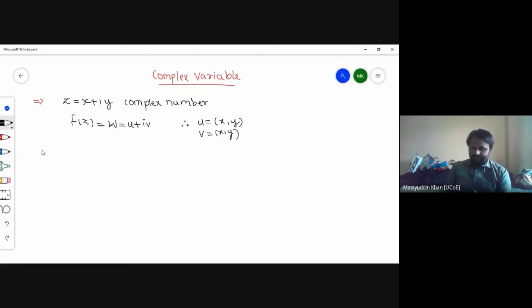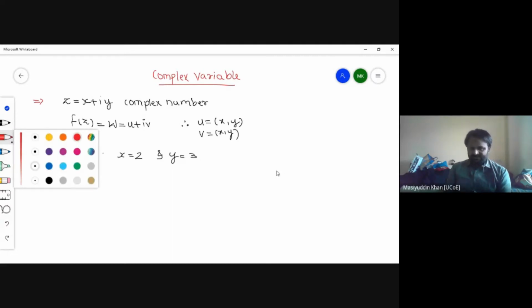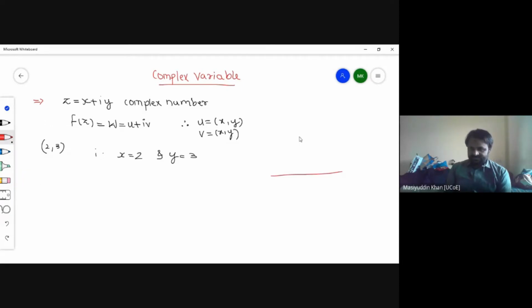Suppose I have the point 2 comma 3. According to this, x we have is 2, and y we have is 3. According to this, I can draw one simple graph. This is the x-axis, this is the y-axis. We have to draw x equal to 2, and y is equal to 3.